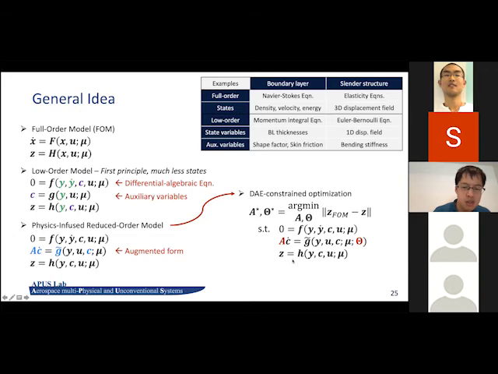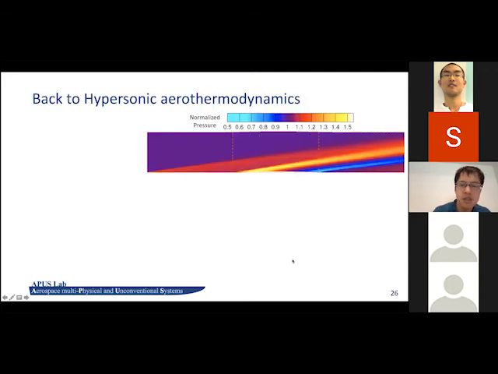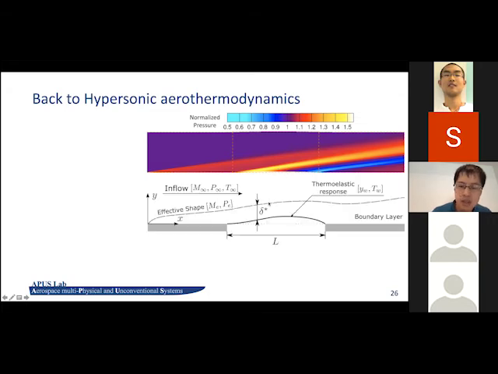Now we tested this methodology on our hypersonic aerothermal load prediction problem. Here you see a very simple flow field where we have a small bump in the middle, and in a high-speed flow, we have this combination of shocks and expansion waves.